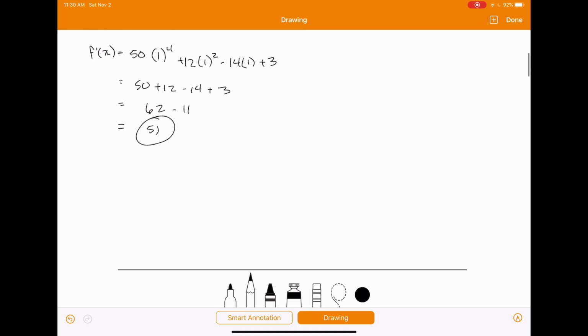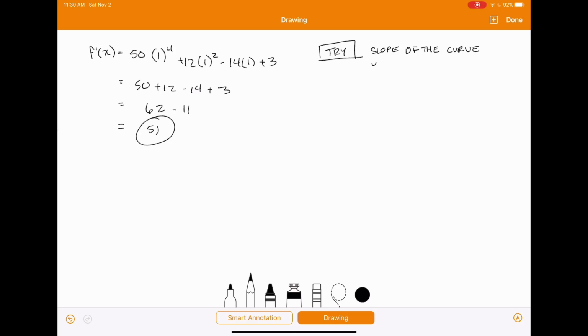So let's go ahead now and give you one to try on your own. I want you to find the slope of the curve y equals 3x squared plus 2x minus 1 at the point -1, 0.